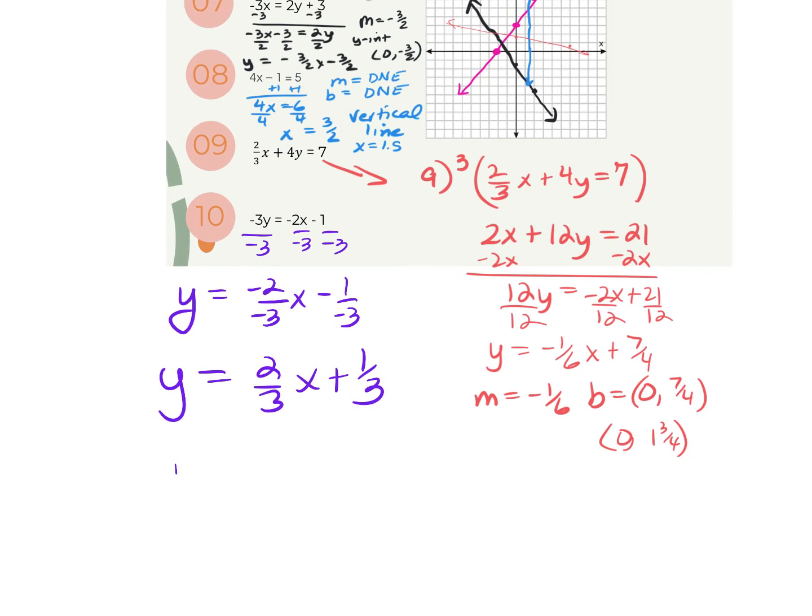So my slope is 2/3. My b, my y-intercept, is the ordered pair 0, 1/3. So again, I can place my point on 1/3 and then from there move the slope. So for this one, I'll go ahead and put it on the 1/3.